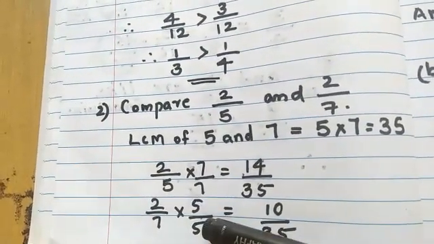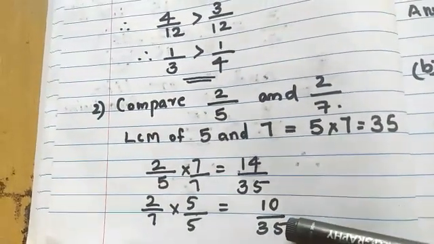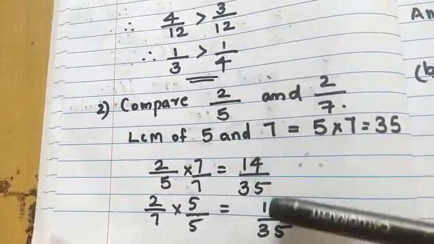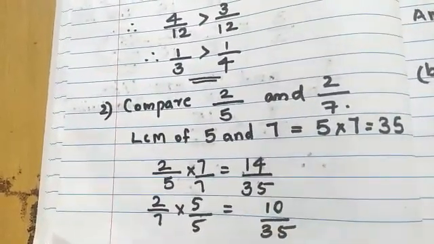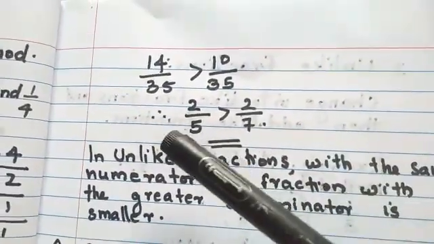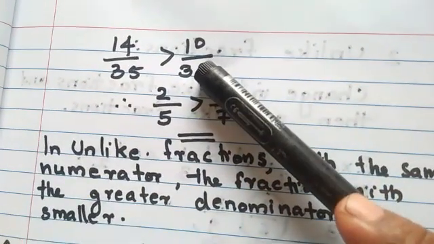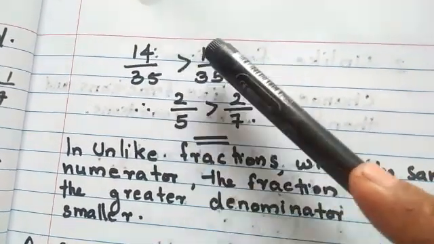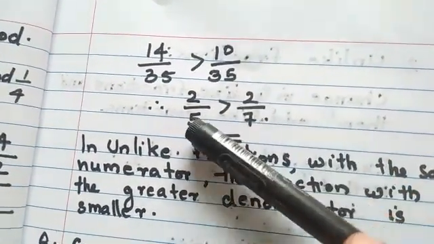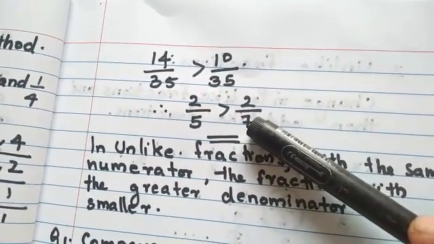So we got 10 by 35. Now these two fractions are like fractions, so we can compare. Therefore, 14 by 35 is greater than 10 by 35, because numerator 14 is bigger than 10. So, 2 by 5 greater than 2 by 7.